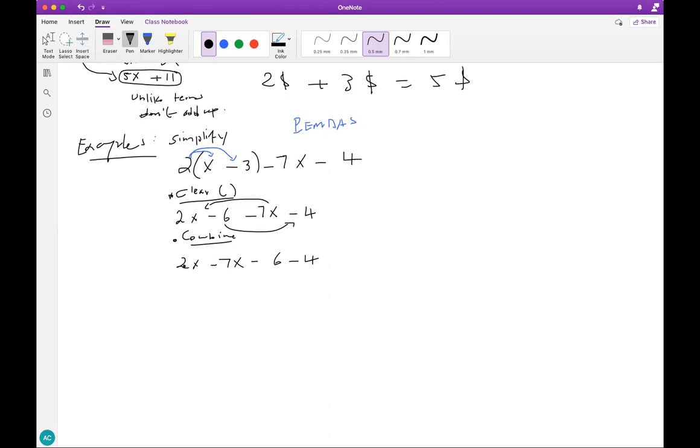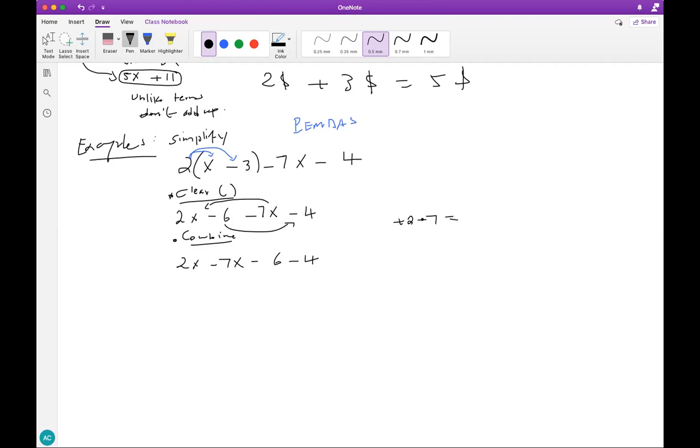When you're combining, you're using the rules of addition and subtraction. So we're combining this positive 2 with a negative 7. Based on what we learned last time, what is positive 2 minus 7? Minus 5.